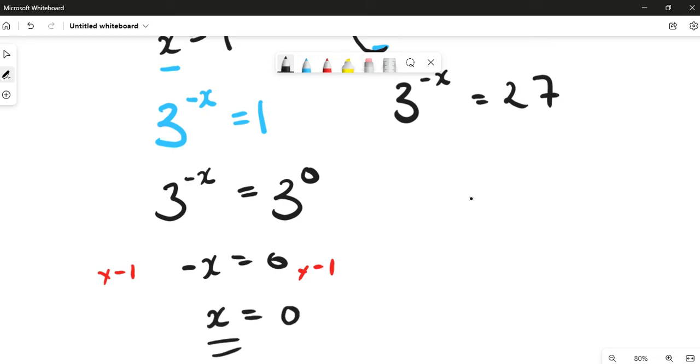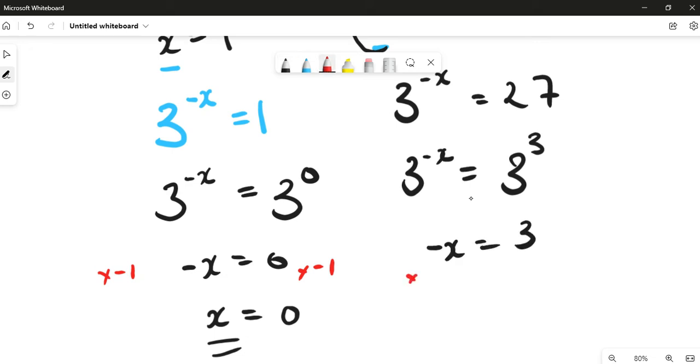And for our second equation here, again, we have to put both sides in the base of 3. So 3 to the power negative x equals 27 is the same as 3 to the power 3. Since we have them in similar bases, we'll say negative x equals 3.